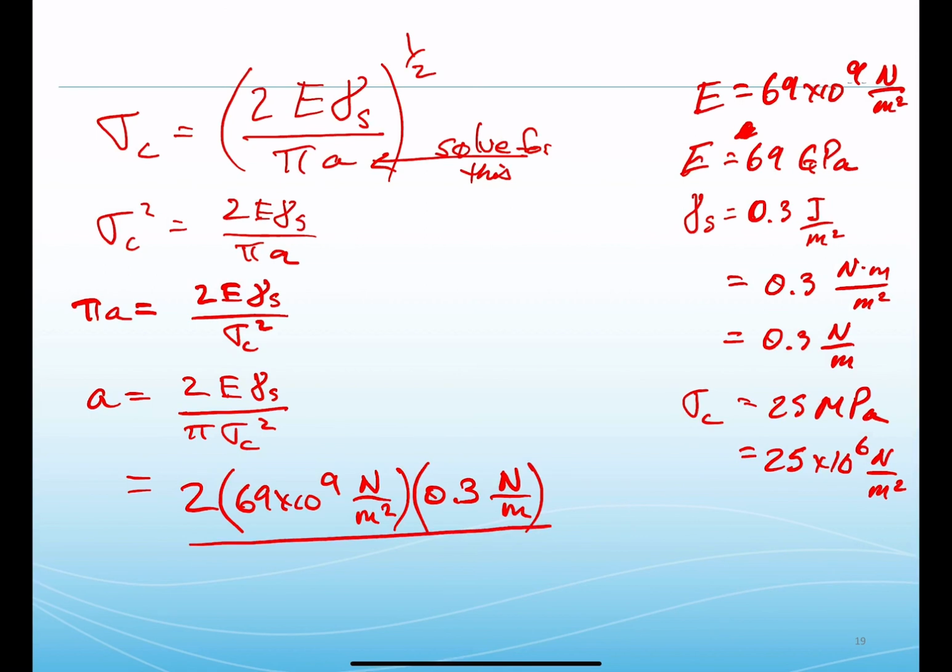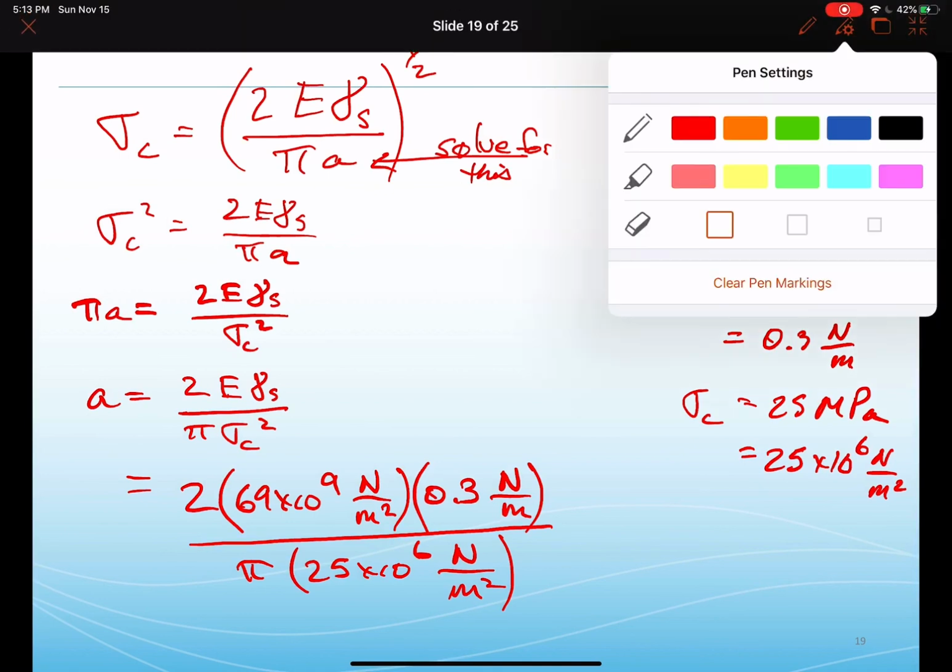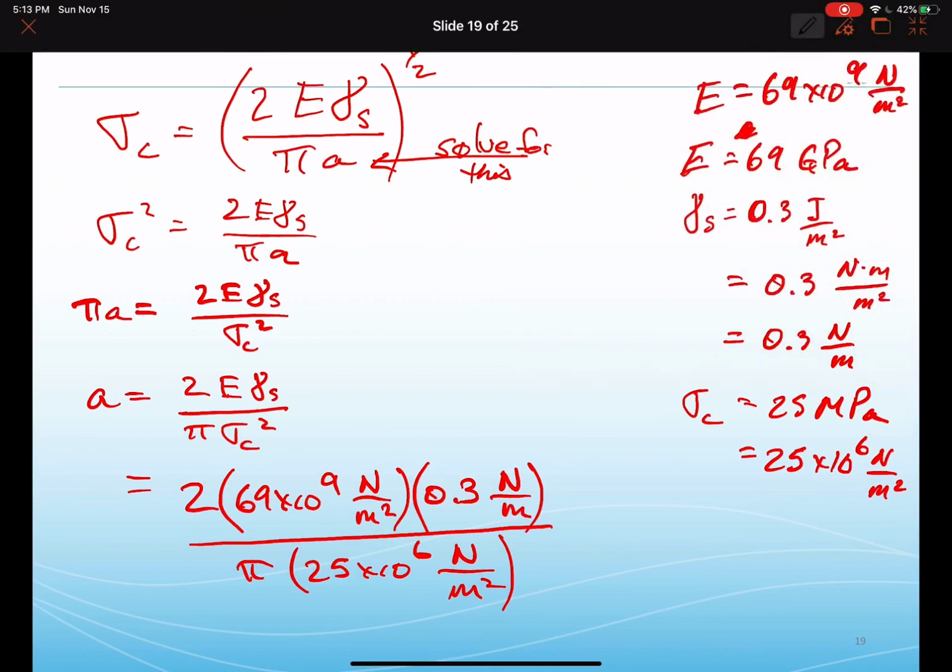And all this has to be divided through by pi times the sigma C value, 25 times 10 to the 6 newtons per meter squared. And let's just take a look how units are going to cancel on this one. Oh, I'm sorry, we forgot the square up here. Okay, notice the square there.